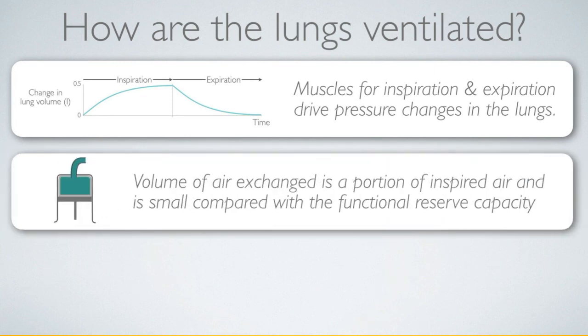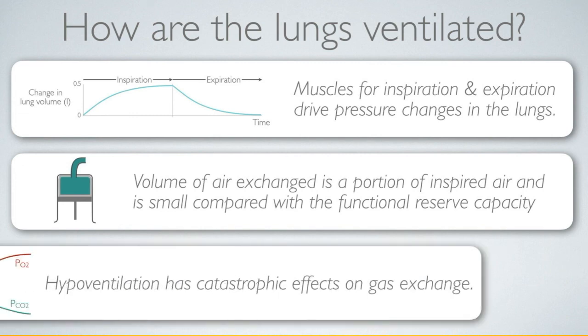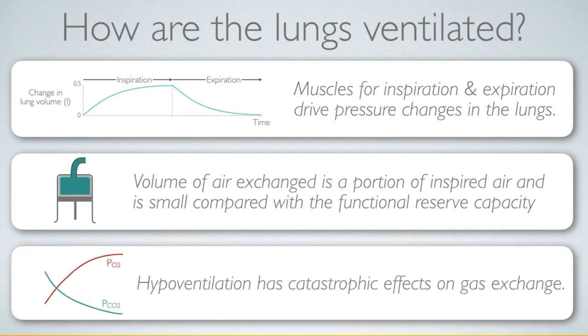Second, the volume of air exchange is a portion of inspired air because of the dead space, and that amount of oxygenated air is small compared with the functional residual capacity, that is the volume of air inside of your lungs after expiration. And then finally, we just saw how hypoventilation has catastrophic effects on gas exchange.